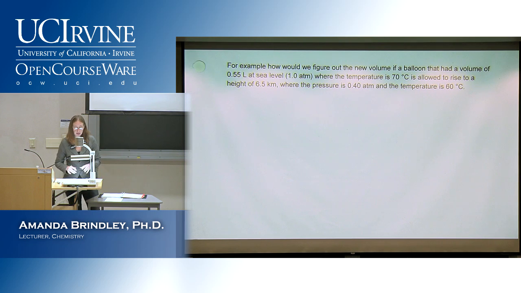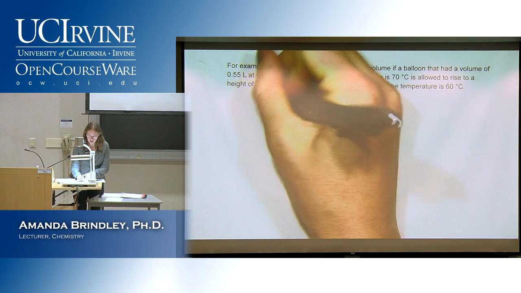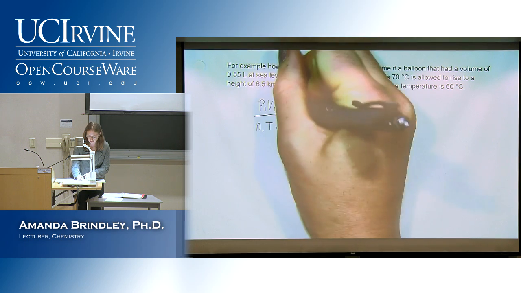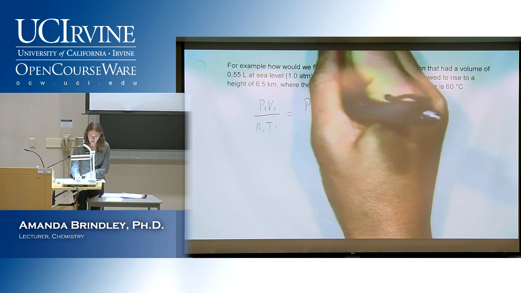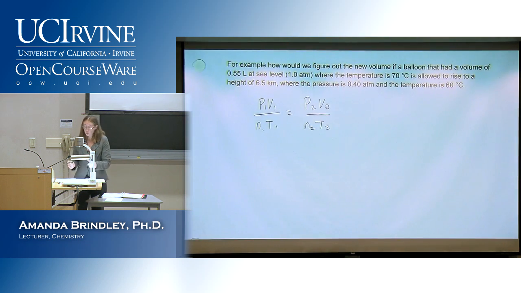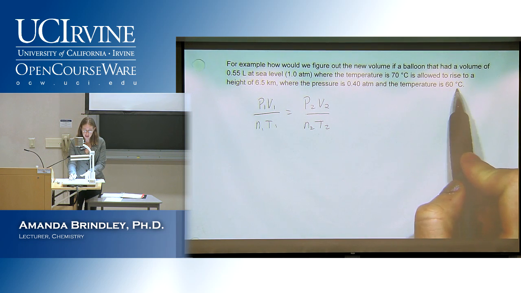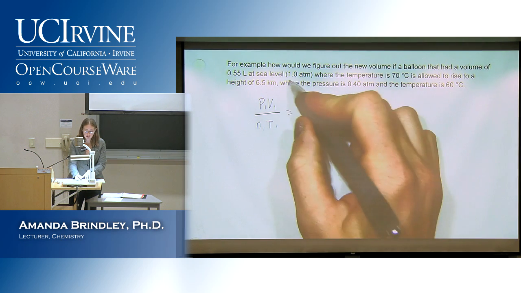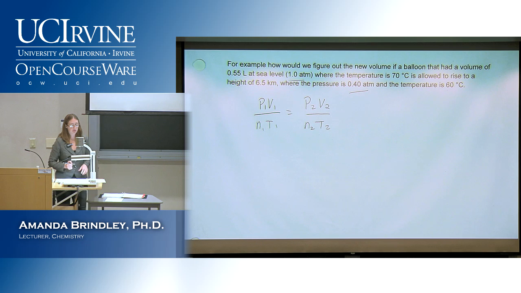Okay, so we have our balloon. We blow it up at sea level and then we let it rise, and we want to know what the new volume is. So we start by just writing out this. Now we decide what isn't changing. So is our temperature changing? Yes. Is our pressure changing? Yes. It's sea level at 1 or higher up at 0.4.